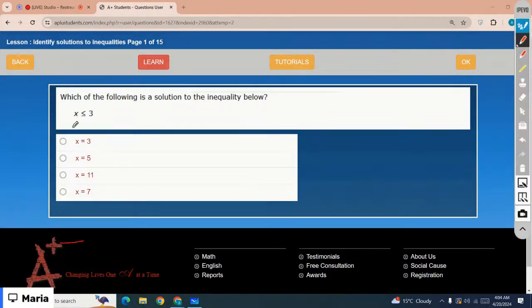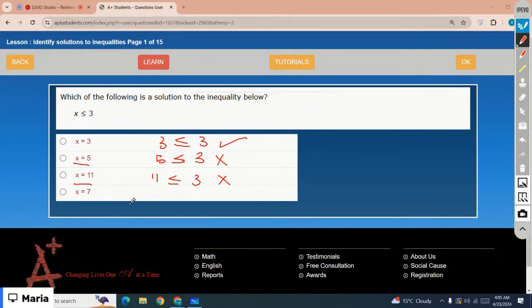Okay, let's just start with the first example. Replace x with 3. 3 is less than or equal to 3. 3 is not less than 3 but equal to 3, right? The other option is x equals 5. 5 is less than or equal to 3. False it is. The next choice is 11. 11 is less than or equal to 3.